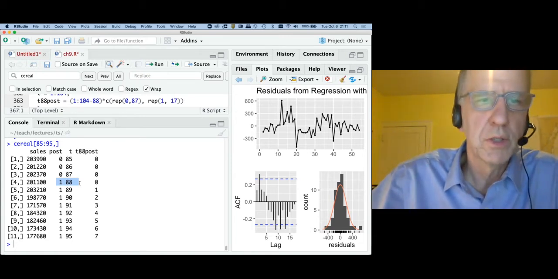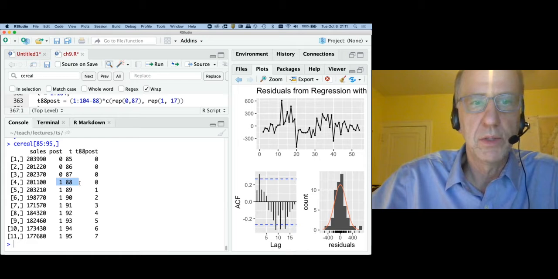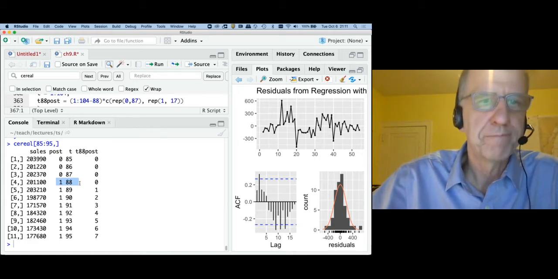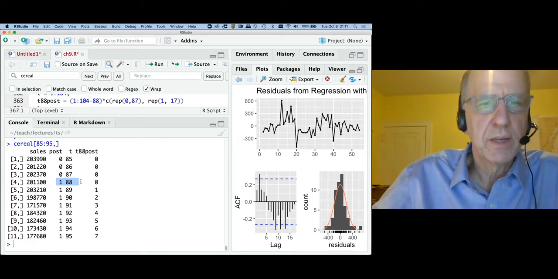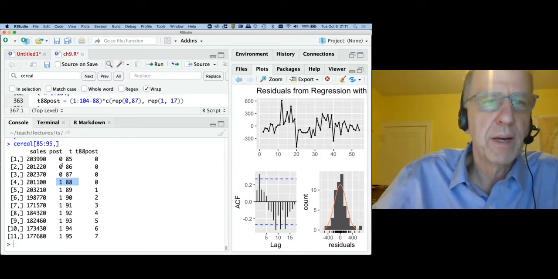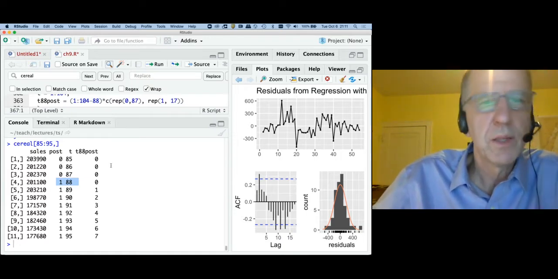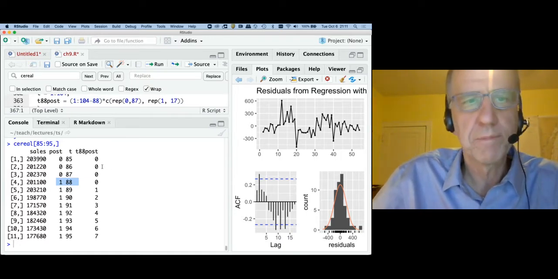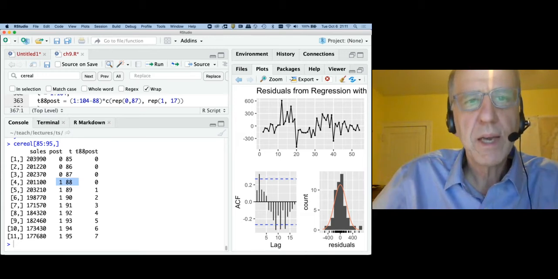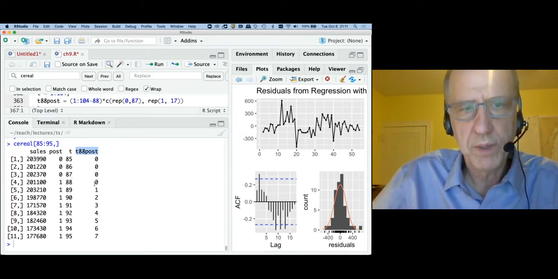And so the question is, what happened to our sales because of the competitor? I've created a data set where I've got a post variable. So post is going to be my x. I'm also going to set myself up to use a linear spline the way we did back in machine learning. This T88 post variable takes the value 0 up until period 88.